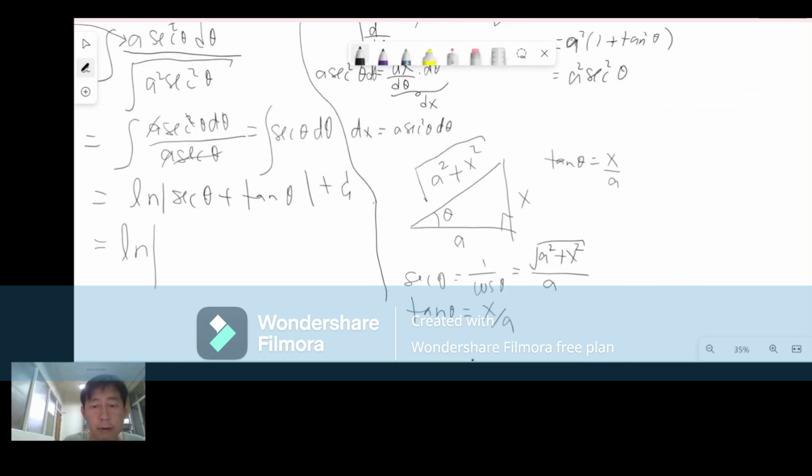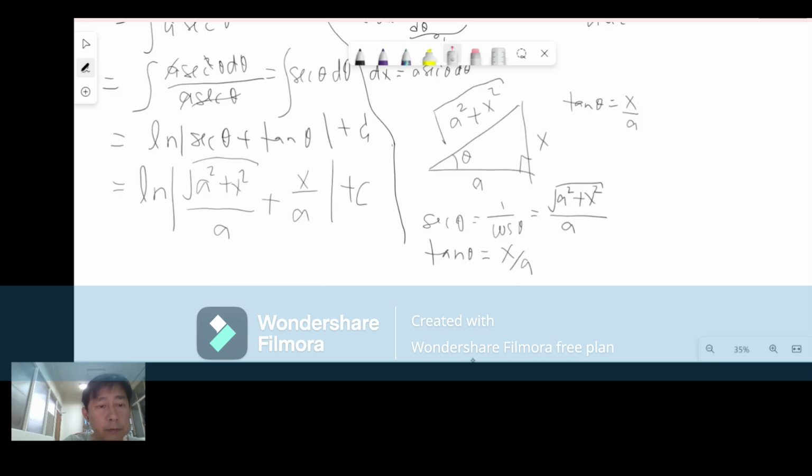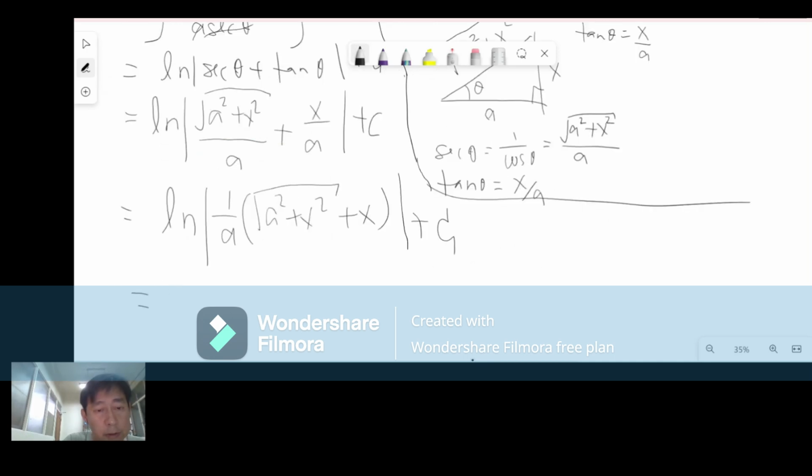We then write down the log of secant theta plus tangent theta in terms of x. So the result of the log of secant theta plus tangent theta looks something like this, which could be further simplified. Split the log term into two parts: the log of the absolute value of the square root of a squared plus x squared plus x, minus ln a, plus a constant c.